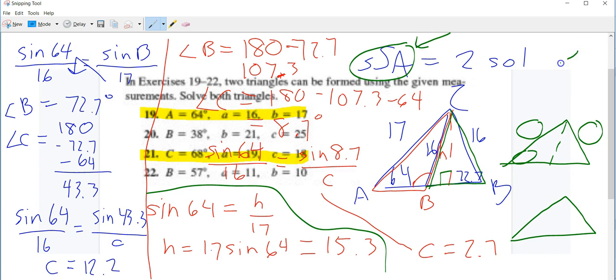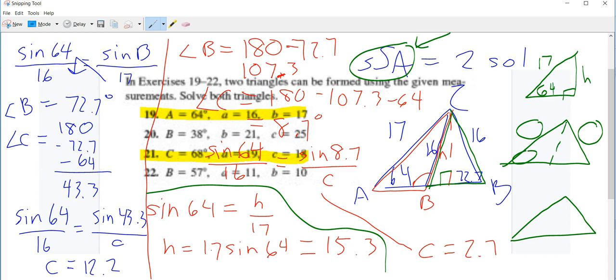That's a bad looking right triangle, but you had a 17 here, you had your height here, and you had an angle of 64 degrees. And so you just use your definition of sine, SOHCAHTOA, and that's how we came up with 15.3.